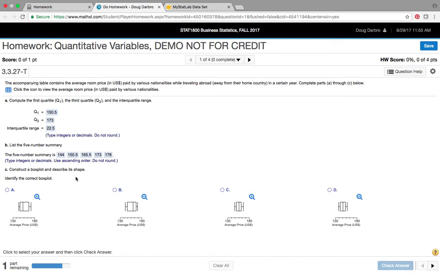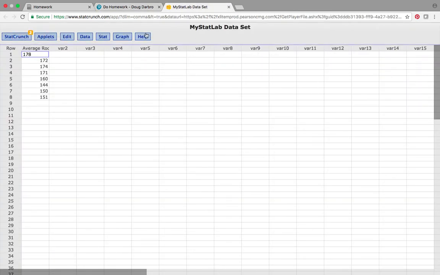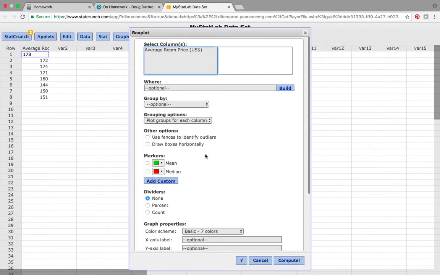Construct a box plot and describe its shape. Now guys, notice that the box plot goes from 130 to 190. All right, so I want to do a box plot. Let's get rid of this. All right.